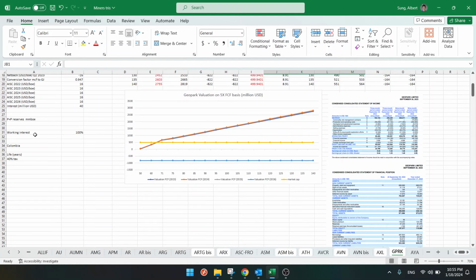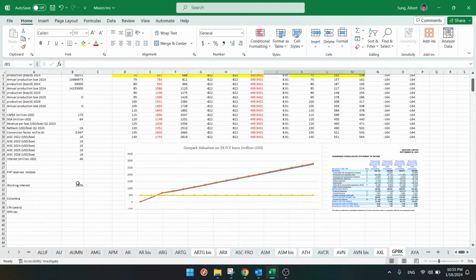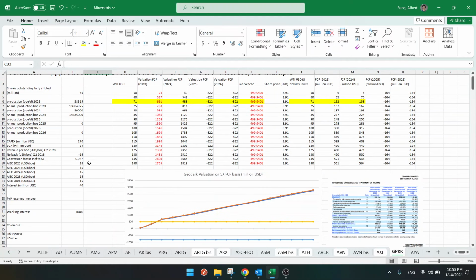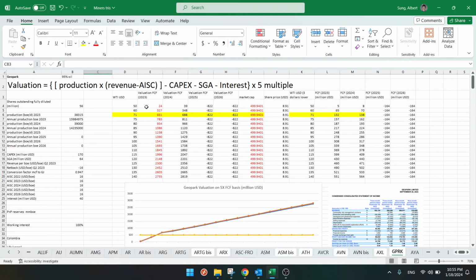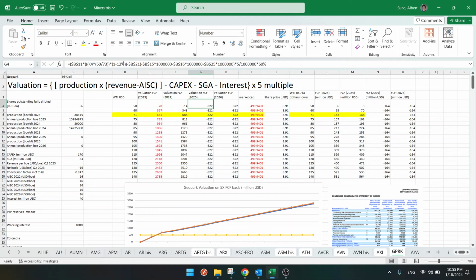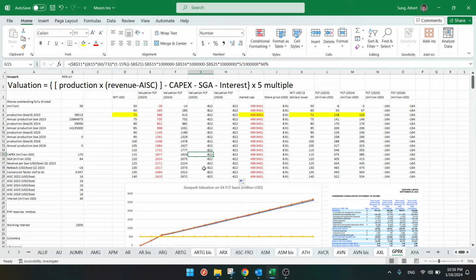To make it more conservative, 15%. 15% royalty. Yeah, I put that here. 15% royalty.